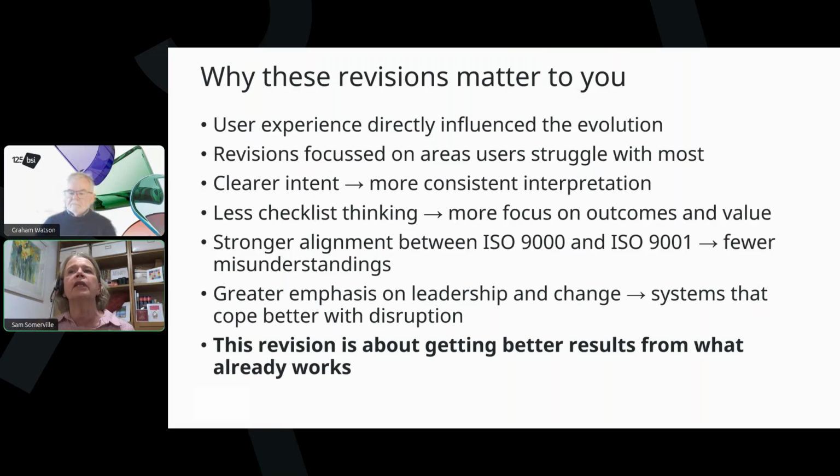And stronger alignment between ISO 9000 and ISO 9001 reduces misunderstanding and places greater emphasis on leadership, and change supports systems that cope better with disruption. So at their core, these revisions are about getting better results from what already works.